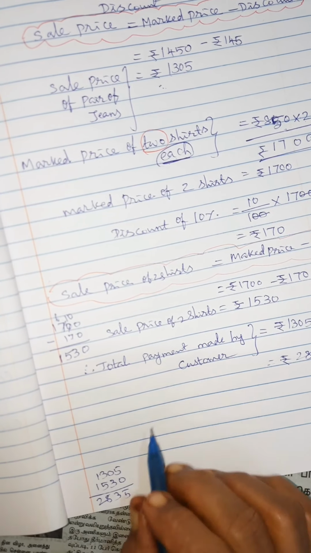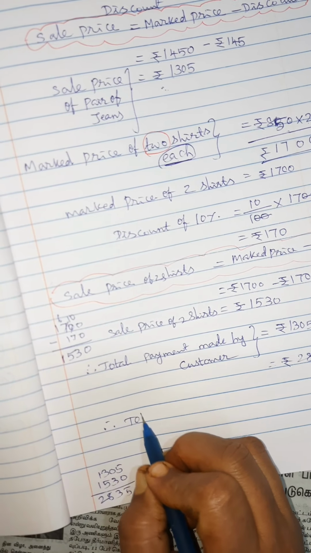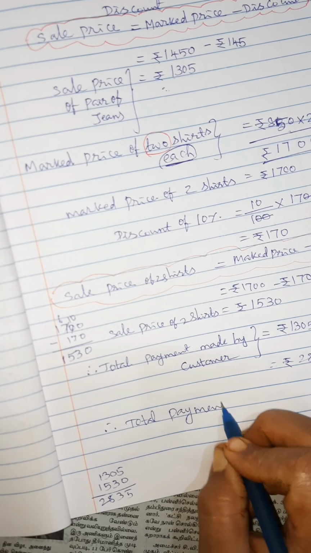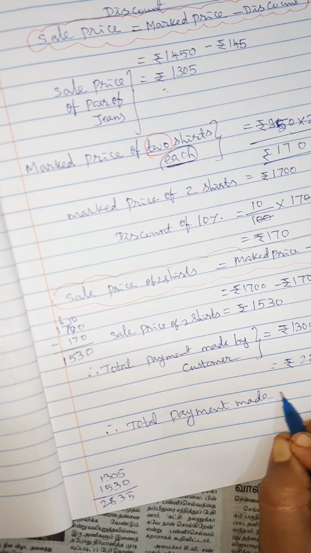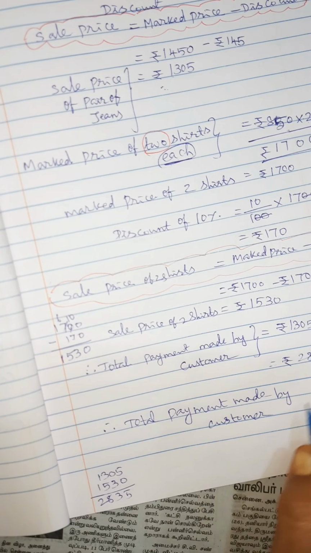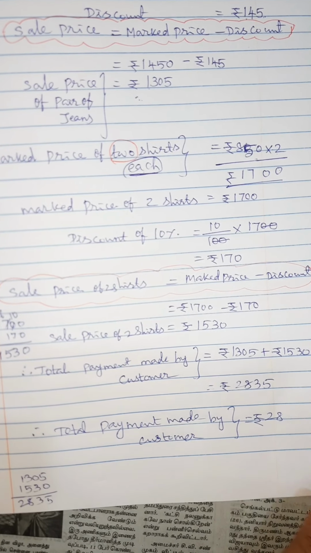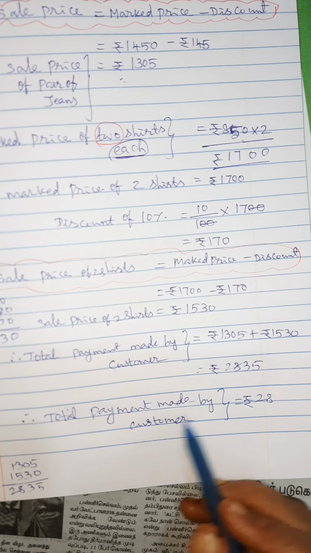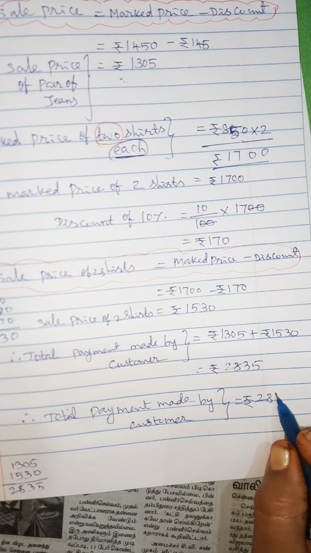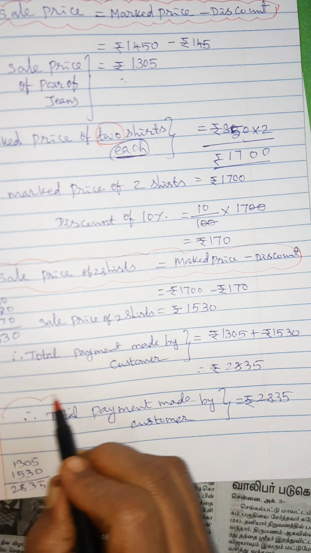Therefore, how much does the customer have to pay? Total payment made by the customer after the discount is rupees 2835.